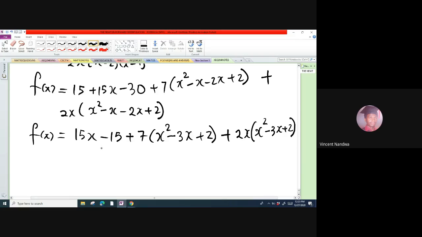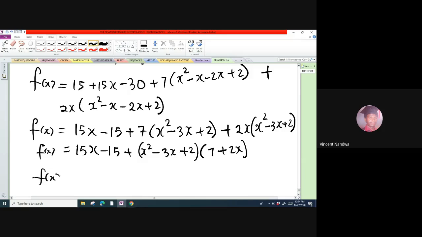So can say this is the same as 15x minus 15. Now this bracket and this are the same, so I can say plus x squared minus 3x plus 2 times 7 and then plus 2x.